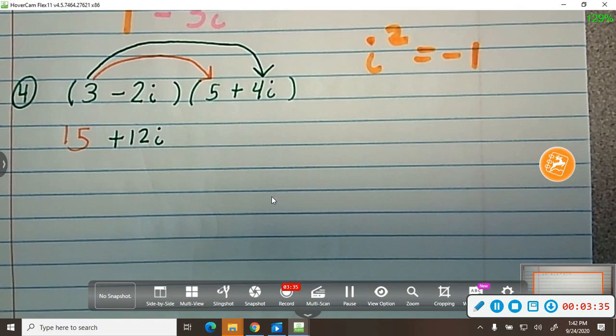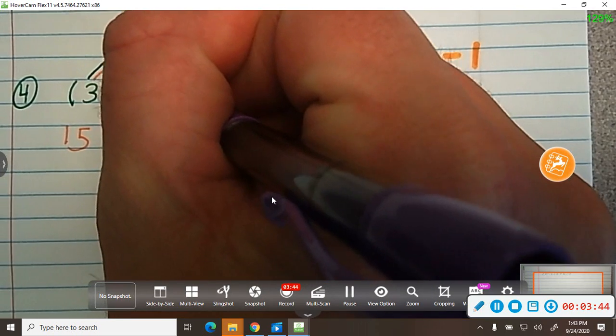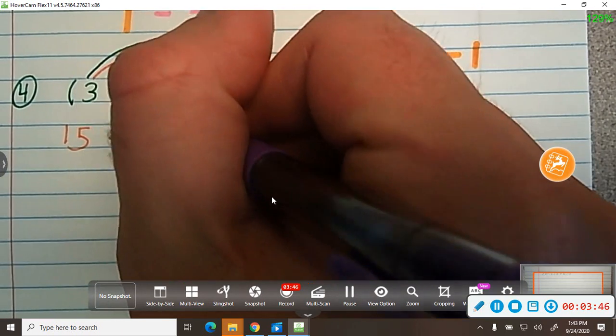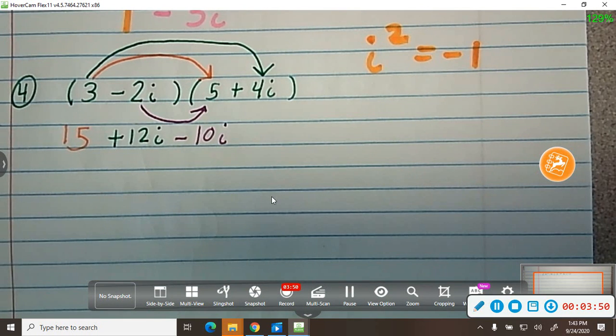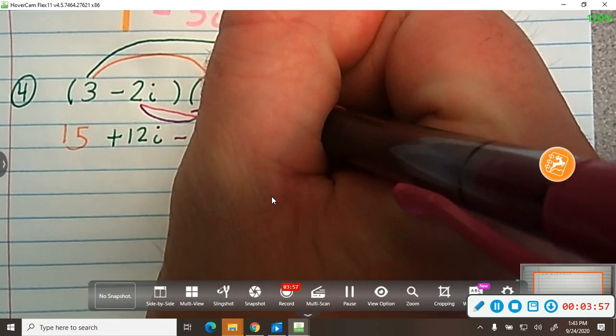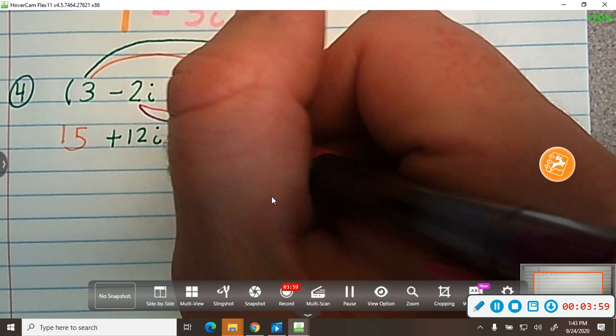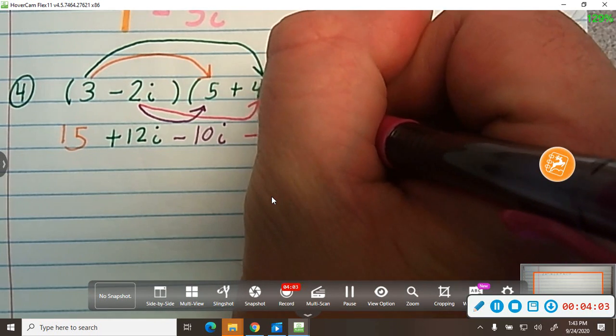And then once you're done distributing the 3 to everything, you go to the next term, negative 2i. You distribute that to the 5. That's negative 10i. And then finally, you take negative 2i times 4i, which is negative 8i squared.